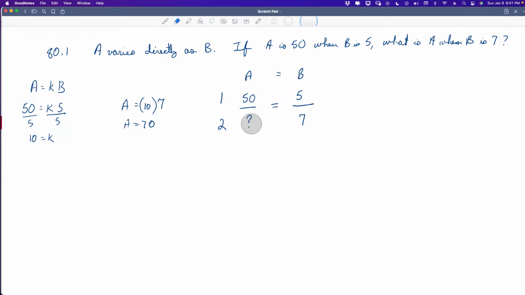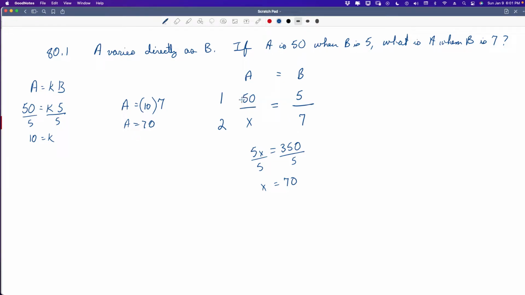So instead of a question mark, we use the variable x, and then we cross multiply. x times 5 is 5x, and 50 times 7 is 350. We divide both sides by 5. And we find that x is 70, which is the same thing we got the first time. There's just fewer steps. So setting it up as a proportion might be more advantageous for you.